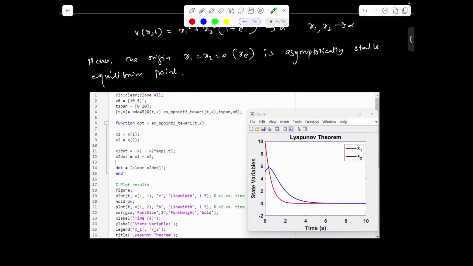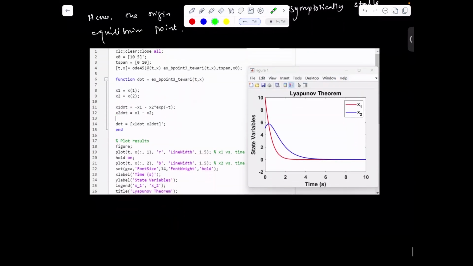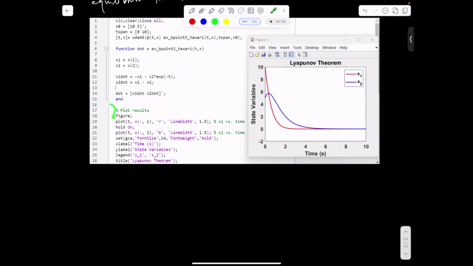We have taken the initial conditions x1 equal to 10 and x2 equal to 5, and we are simulating this code for 10 seconds, and we have used ODE45 to find the solution of these ODEs. This is the function we have defined, and these are the variables to be plotted. This is our 2 first order ODEs, and this is the plot with the labels on X and Y.